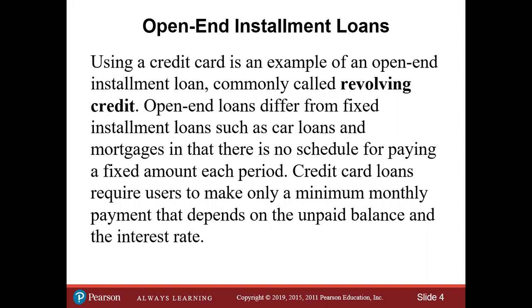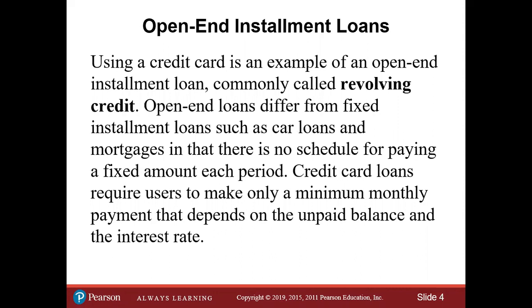Unlike the loans that we were dealing with for cars and homes that have fixed monthly payments, credit cards typically have a minimum monthly payment that is calculated based on what is charged to the card and not a specific amount that is set for every month.